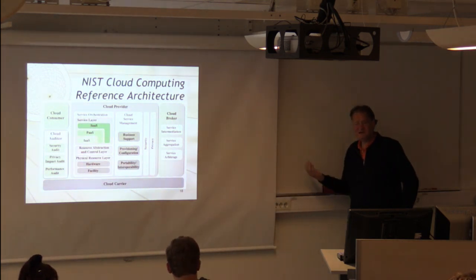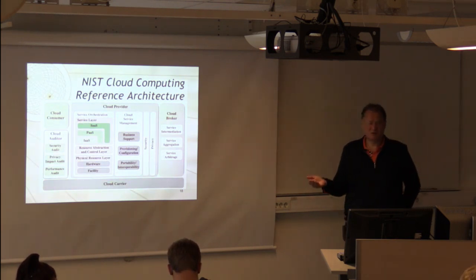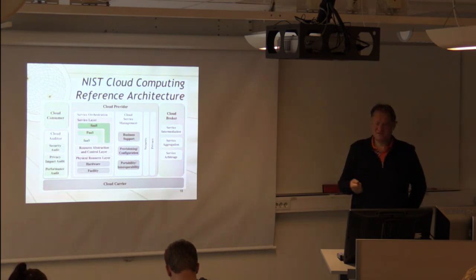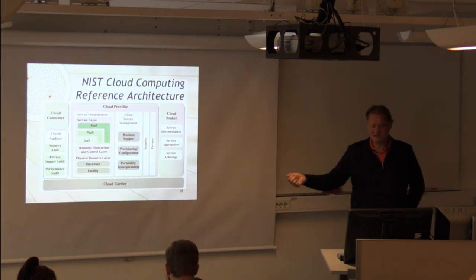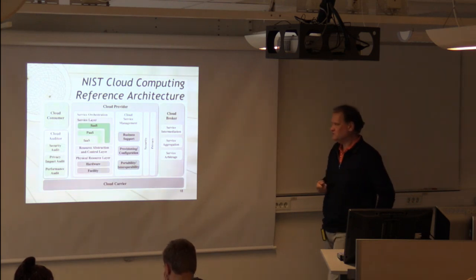That means that they can go in as a middle hand between the customer and the cloud provider. So you go to the cloud broker and say, well, I need this type of service. And the cloud broker can help you investigate your needs and then select a cloud provider that fits what you need, without you needing to know about all the different cloud providers that potentially can do it.